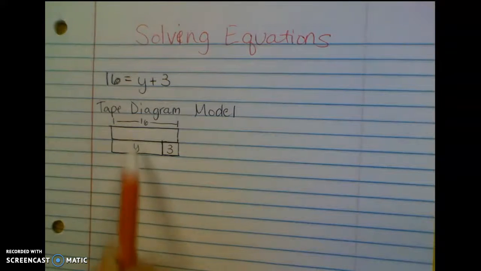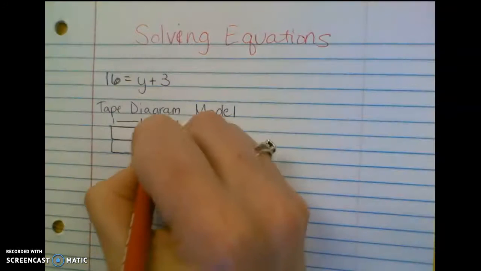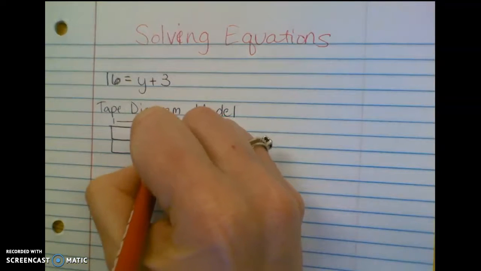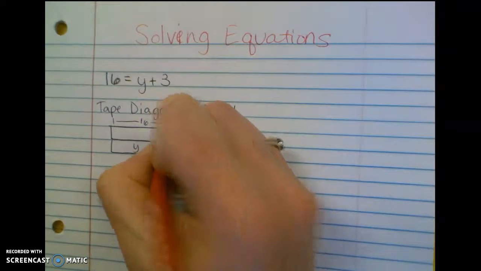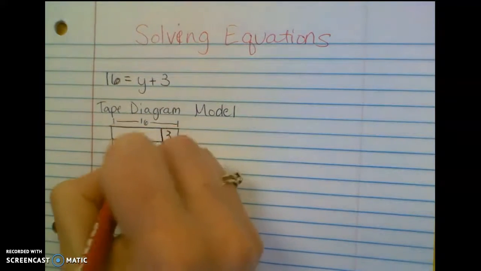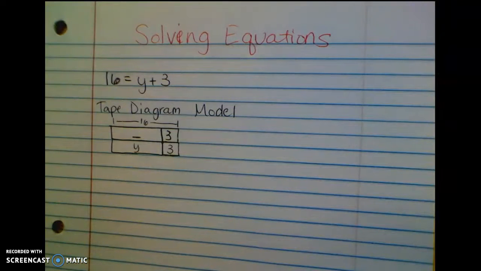So as I'm looking at this problem, if I need to know what y is, then I need to figure out what it's equal to or the same as. So if I draw a line right here, because I know if this is 3, this has to be 3, then whatever is left over here will give me what y equals.